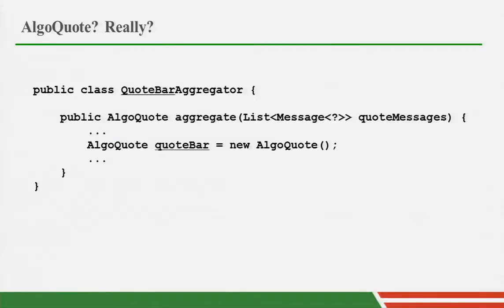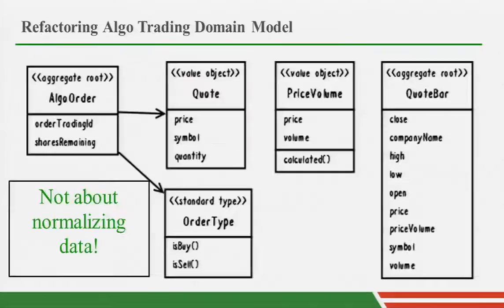This quote bar aggregator had a missing concept. We had the notion of an algo quote, but it was really a quote bar. So we found that we needed to refactor to this degree. So now we have an algo order which properly matches the ubiquitous language, with a quote that's now a value object, not an entity.